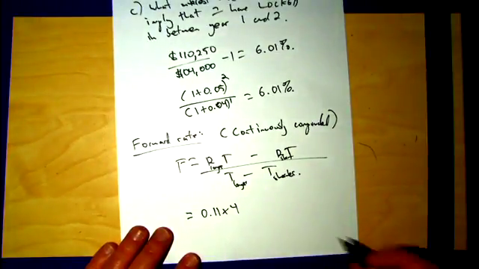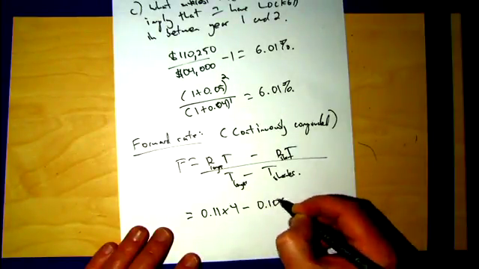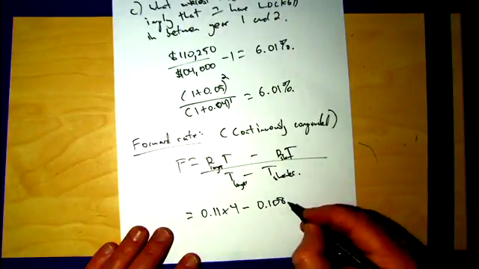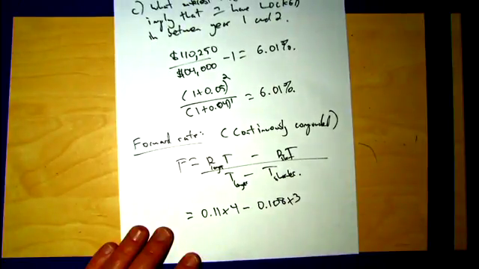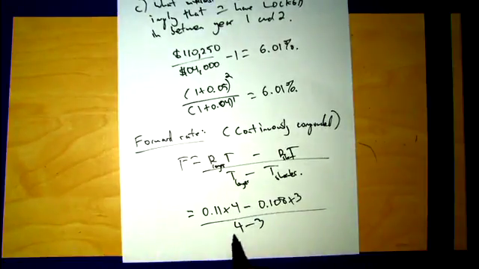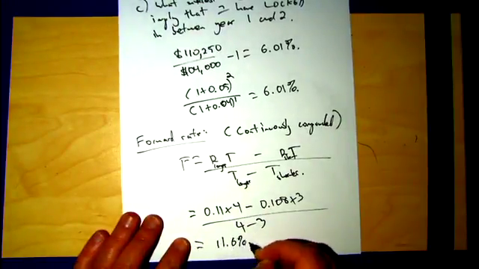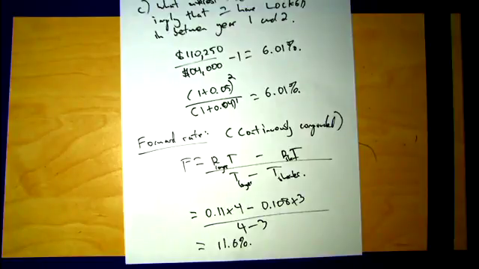Multiply it by 4, easy. Minus the 3-year, the shorter time period, which was 10.8%, and that was invested for 3 years. It was a 3-year rate. And then I'm just looking at the difference between the 4 and 3 year rate, so 4 minus 3. And simply that gives me 11.6%. Okay, so it's a really easy formula to remember. Just the longer time period minus the shorter time period always.